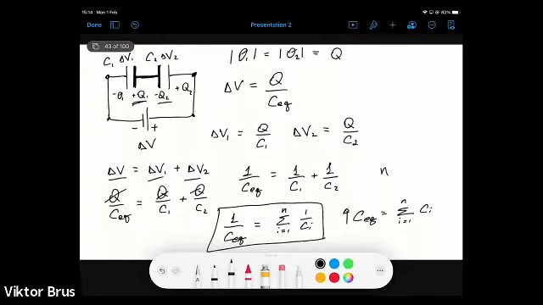Moreover, it will always be smaller than the smallest capacitor in this battery, which consists of capacitors connected in series.